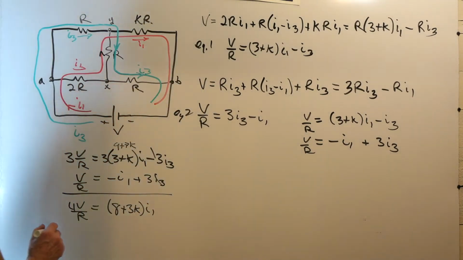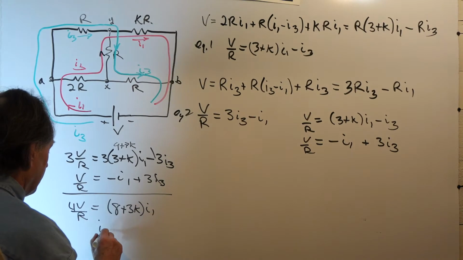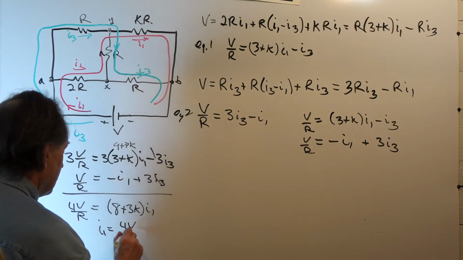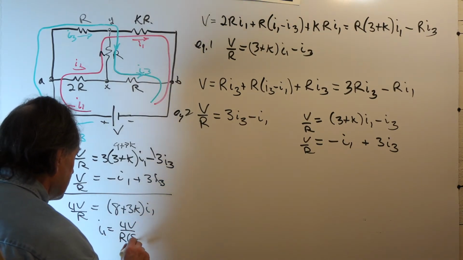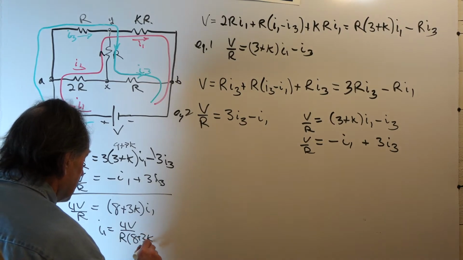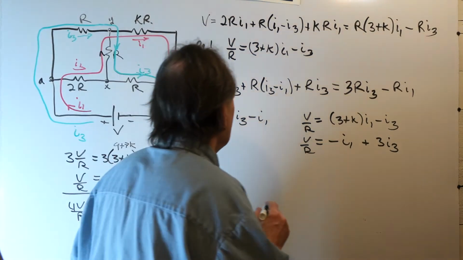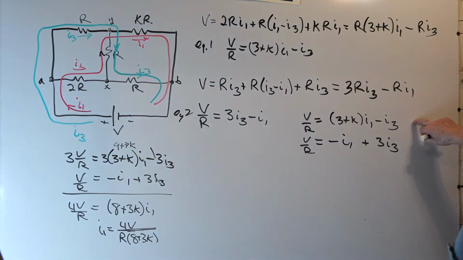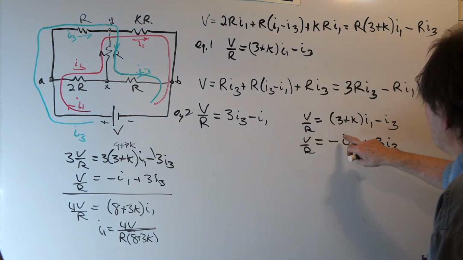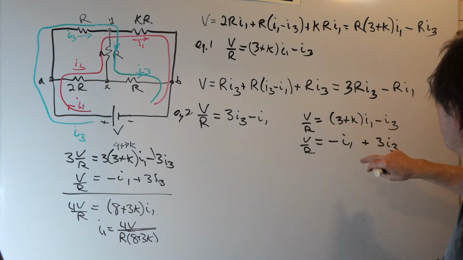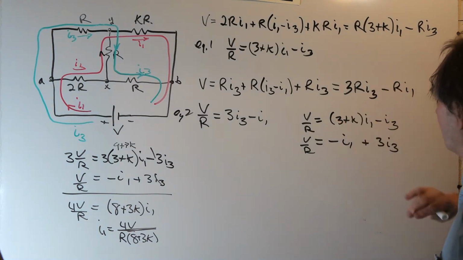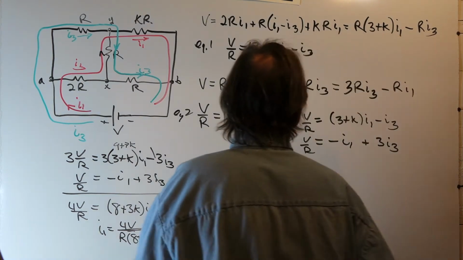So solving for I1 then is 4V over R times (8 plus 3K). That's our I1. Now, on this equation, I'm going to multiply the bottom equation by 3 plus K and add it to the top equation so that the I1s drop out and we end up with I3.